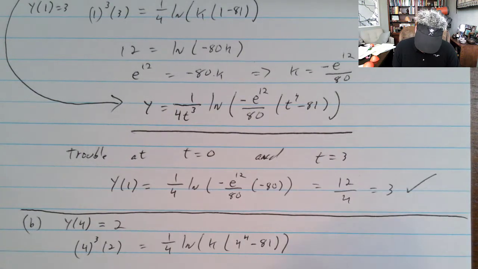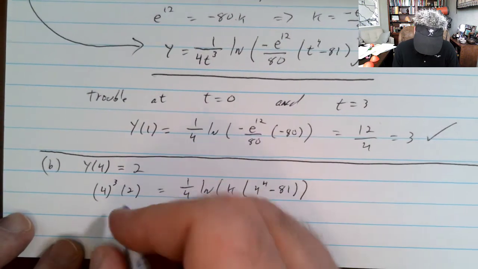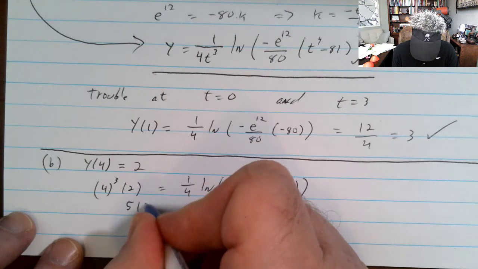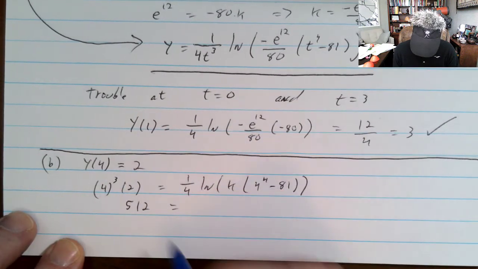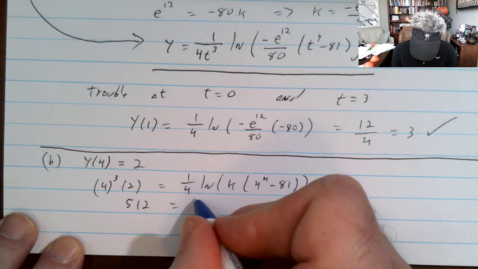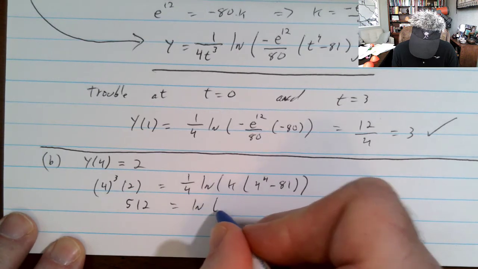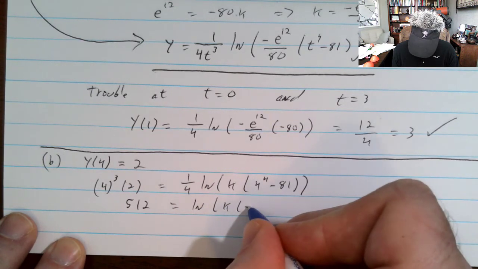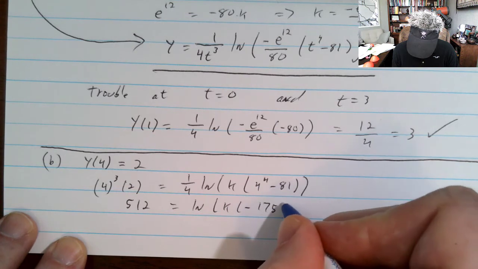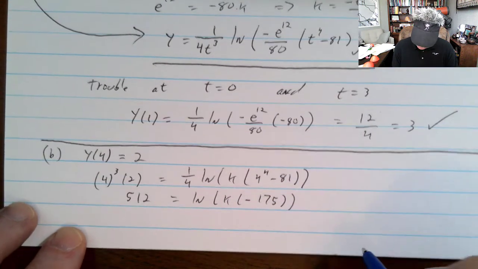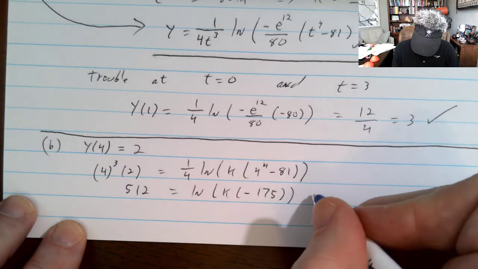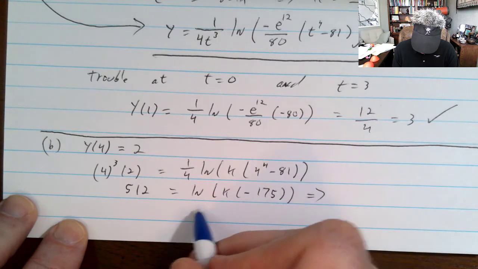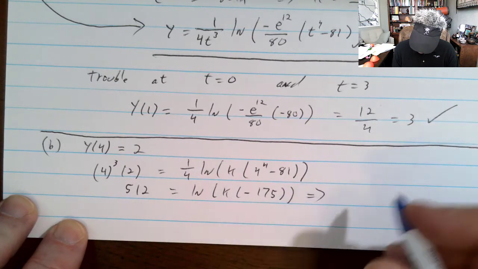And that's going to be negative 175. This will be 512. I multiply that by the 4. It's natural log k times negative 175. So if we exponentiate, k is e to the 512 divided by negative 175.